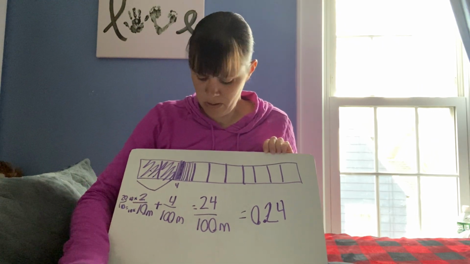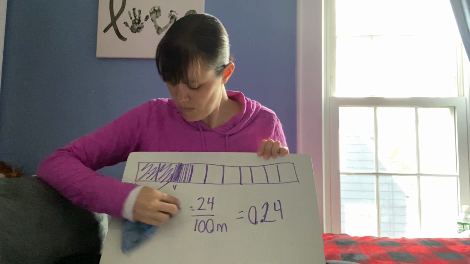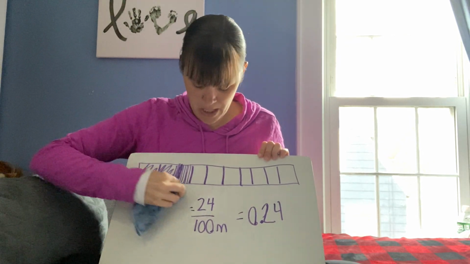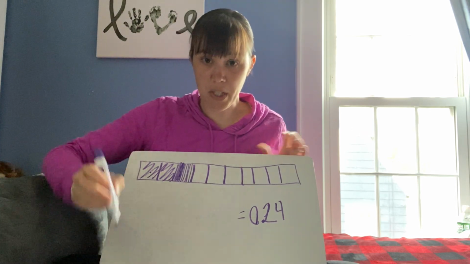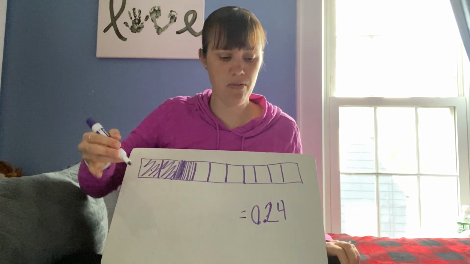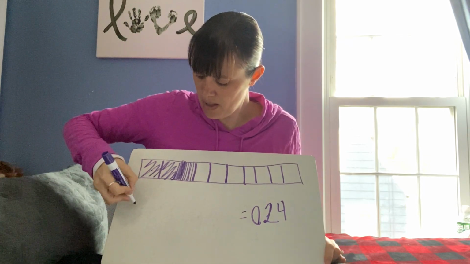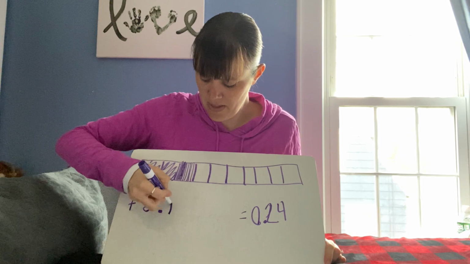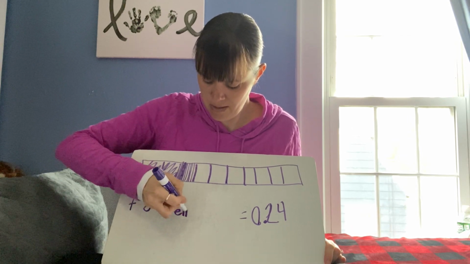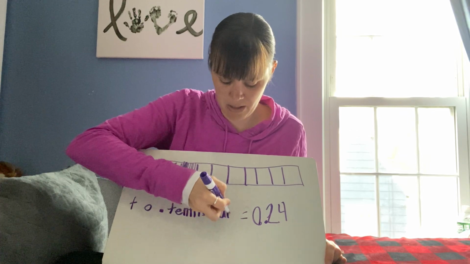Remember, boys and girls, the place value chart I showed you at the beginning: we had our tens, our ones, our decimal, and then tenths, and then hundredths.